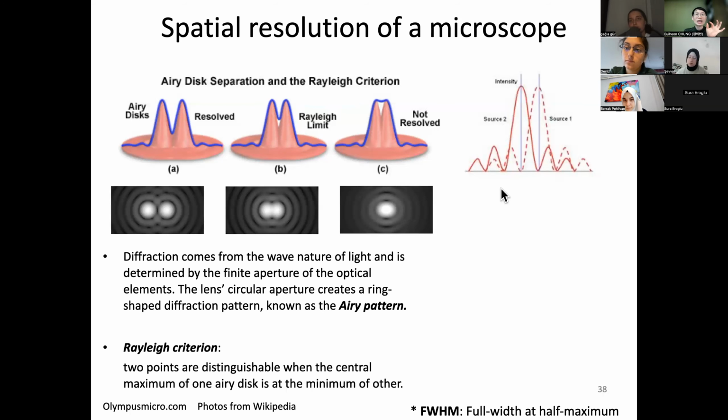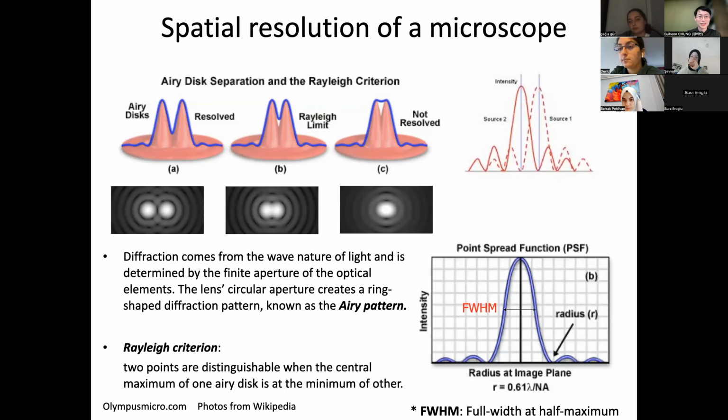And one easy way is, because it's an interference pattern, the distance from the top to the first bottom, and from this top to the first bottom, is easy to define. That we call Rayleigh resolution. But in practice, when you're taking an image, the lower part is low and there are going to be a lot of noises.